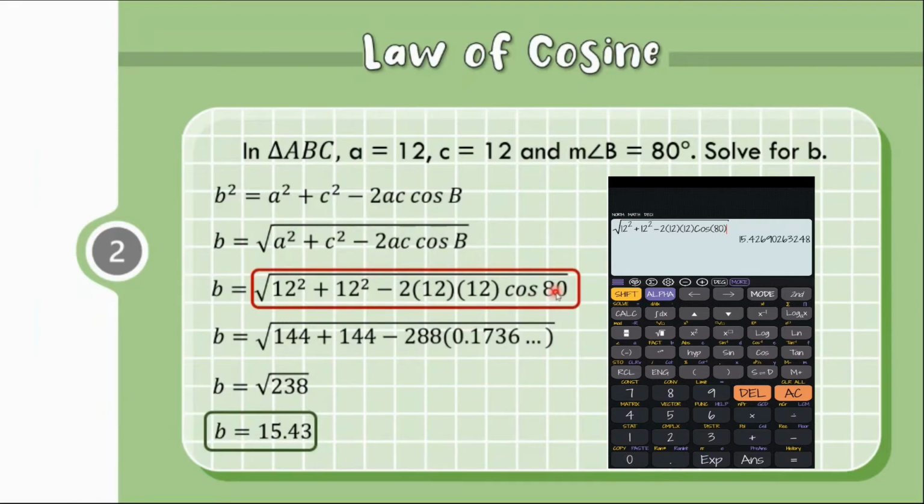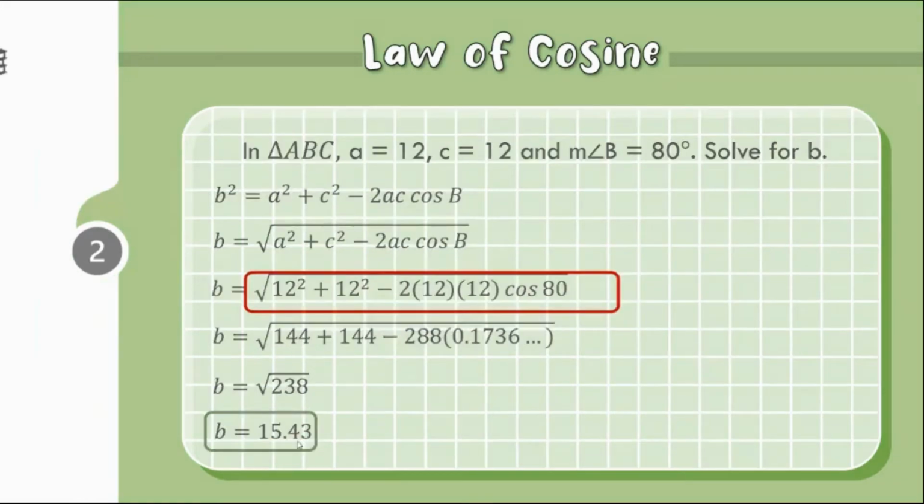Again, write the closed parentheses at the end of our cosine 80 here to obtain the final answer. Therefore, we will have 15.42690 and so on, which means it is the same as what we had a while ago, in which B is equal to 15.43. So that's it for case number 3.